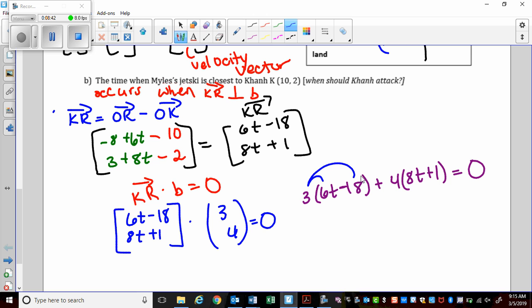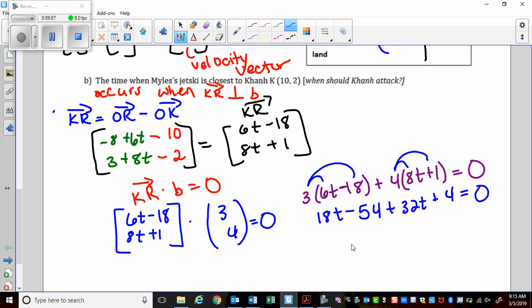And then I'm going to distribute this 3. 3 times 6 is 18t minus 3 times 18 is 54. 4 times 8 is 32t plus 4 times 1 is 4. And I'm just going to combine my t's. Luckily, this is not quadratic.